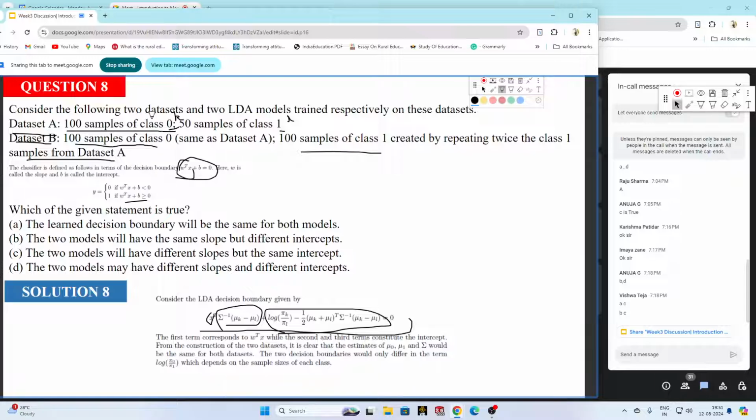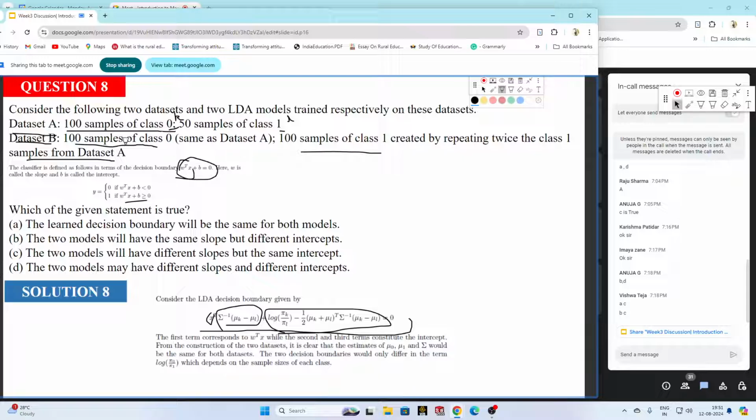How is the mean equal? Here we have 100 samples for class k, and here also 100 samples for class k. Here we have 50 samples of class 1, but here we have 100 samples of class 1. But the mean is equal because the 100 samples are formed by repeating the 50 samples twice.